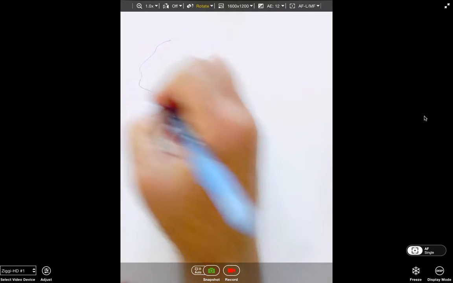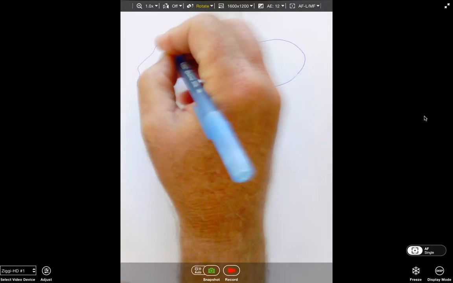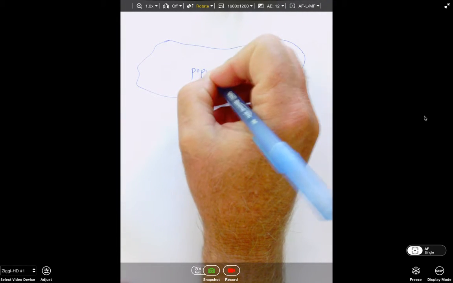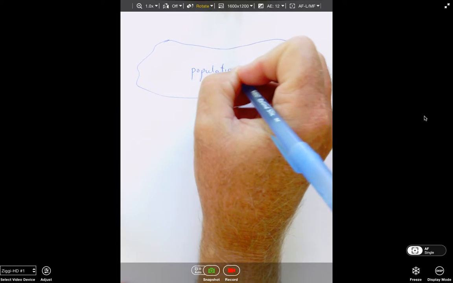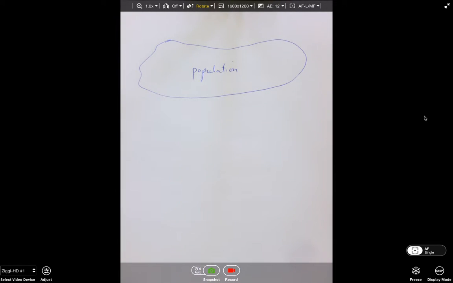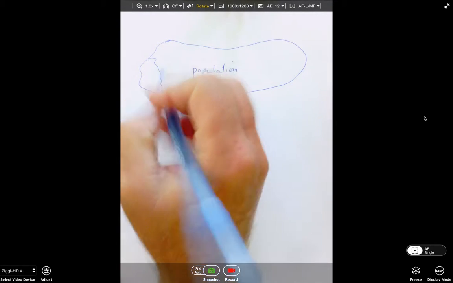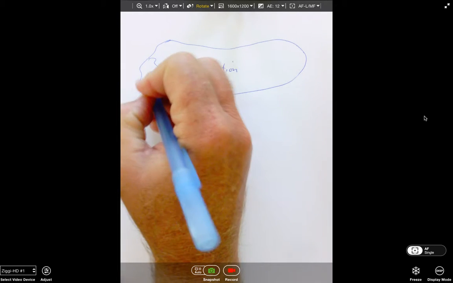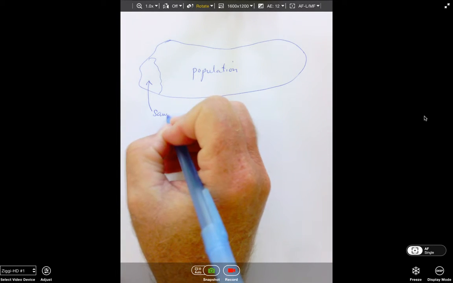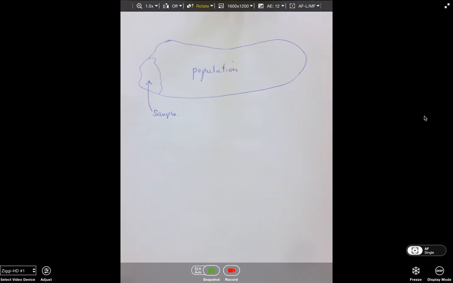So the game that we're playing here, I don't know if it's really a game, but you have to think, just as we've done before, there's a larger population under investigation. And what we want to do is come in here and take a small segment of that called a sample.